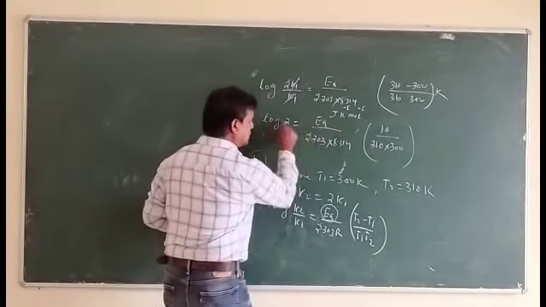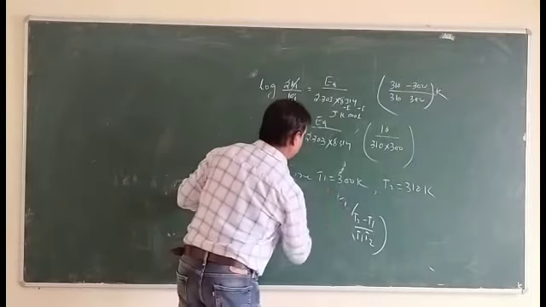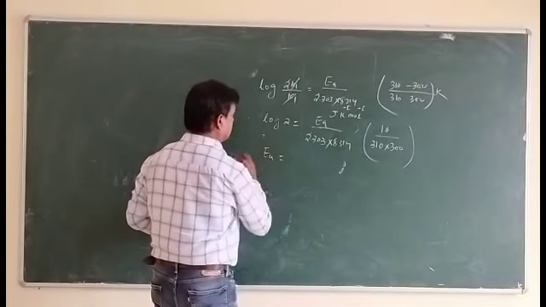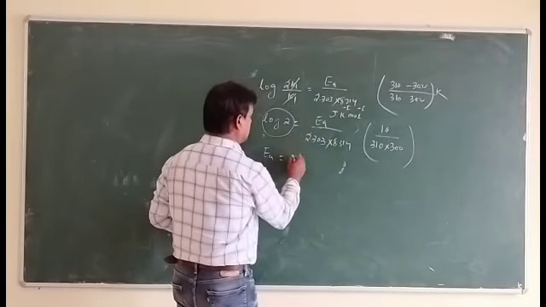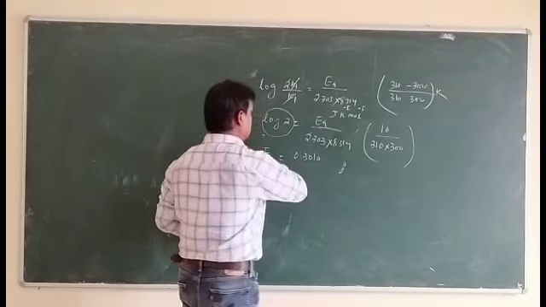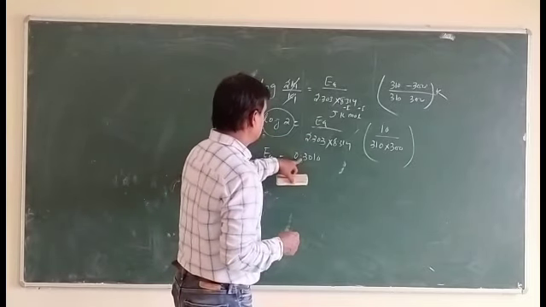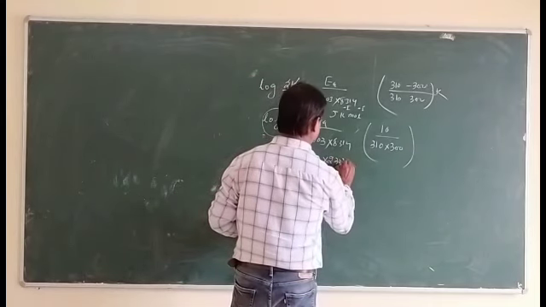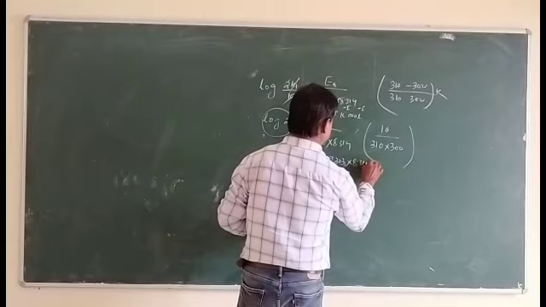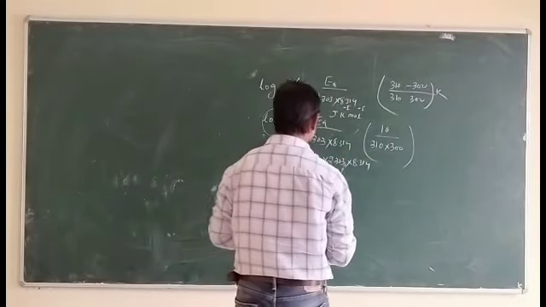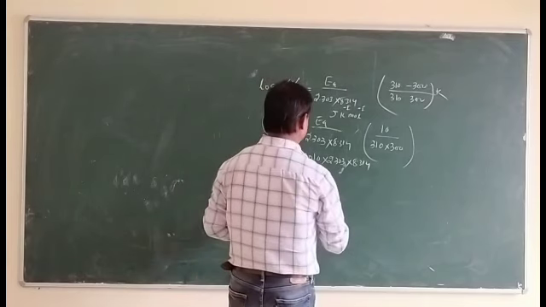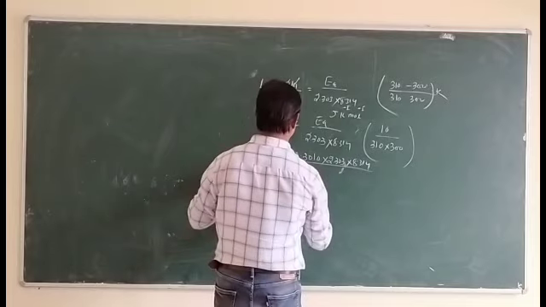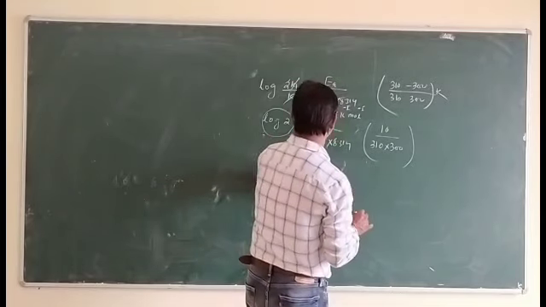Okay, or EA equals this into this divided by this. You can solve directly.